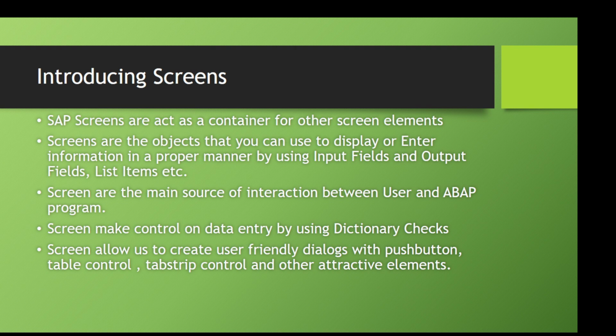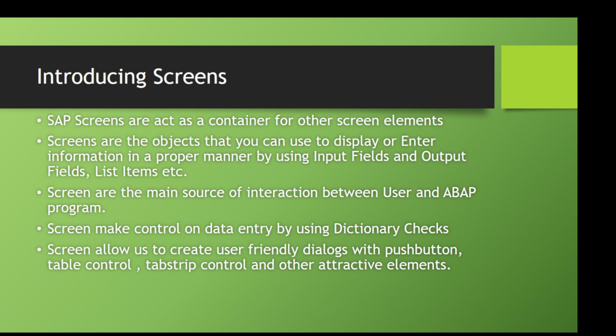So also the main role in these processes of update or delete data are the input fields and output fields. Other than that, list items are also an important part of screen programming. Let's move on. The screens are the main source of interaction between user and ABAP program.